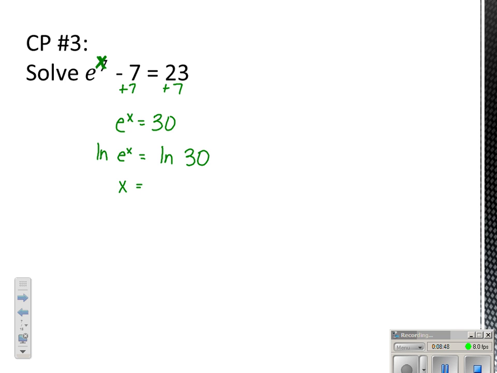Okay, that's just a given statement. If you need to, think about your base. You can see these two matching bases here. We know we're going to get the power for an answer. Then ln of 30. At this point, you got to reach for your calculator again. Natural log of 30, 3.401.